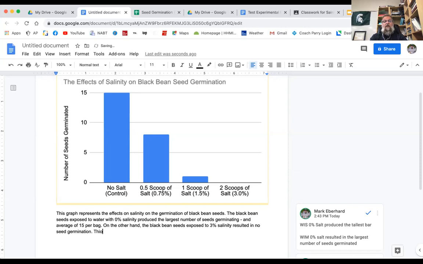This level of salinity prevented the seeds from growing.